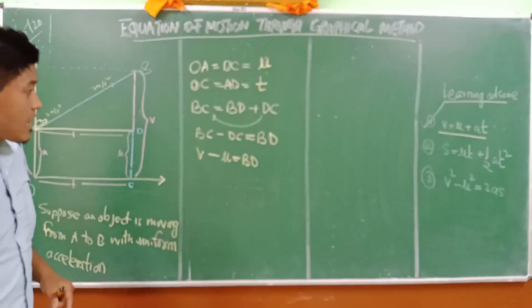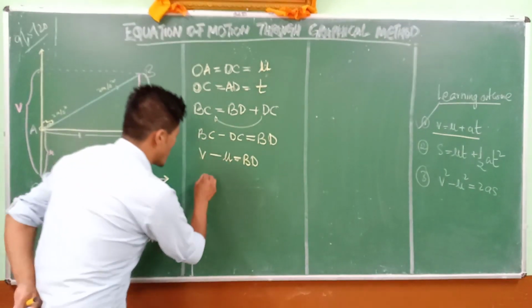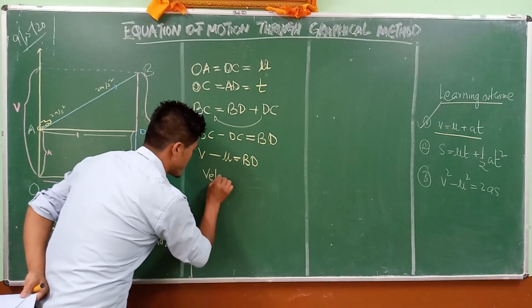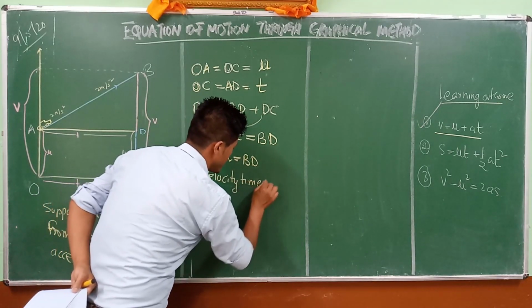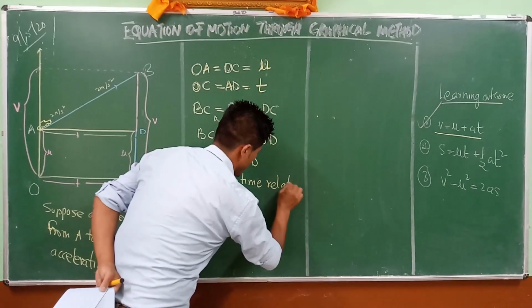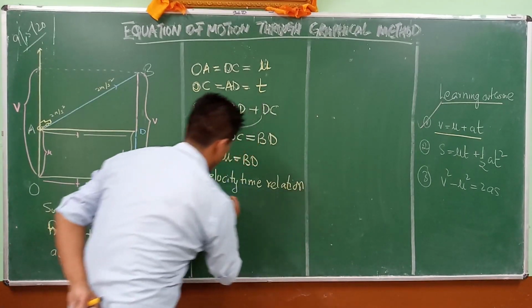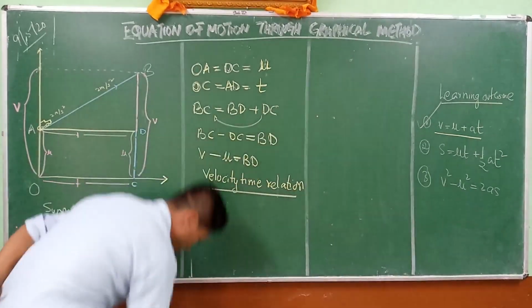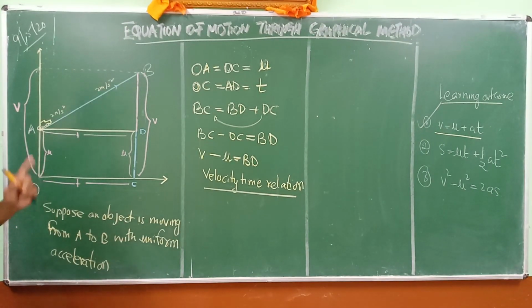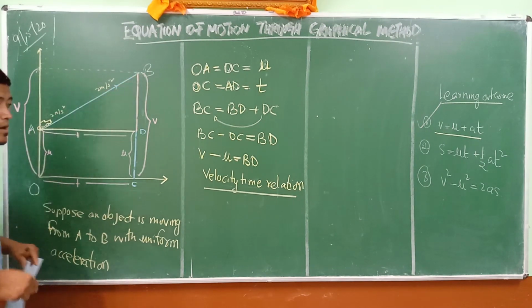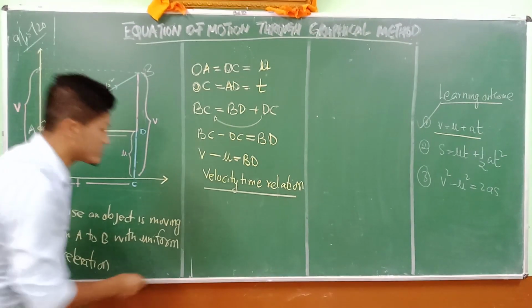Understand? So now our first equation is also known as the velocity time relation. Velocity time relation here. Understand? Velocity time relation. Now we have to find, from A to B, the acceleration.